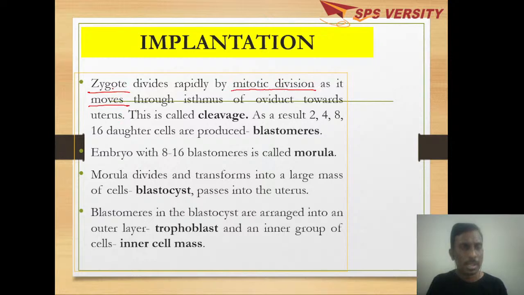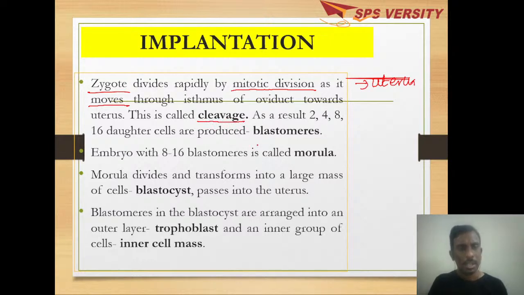That means we can see the movement of the zygote towards the uterus, as well as the mitotic division in the zygote. These mitotic divisions and the movement together are called cleavage.